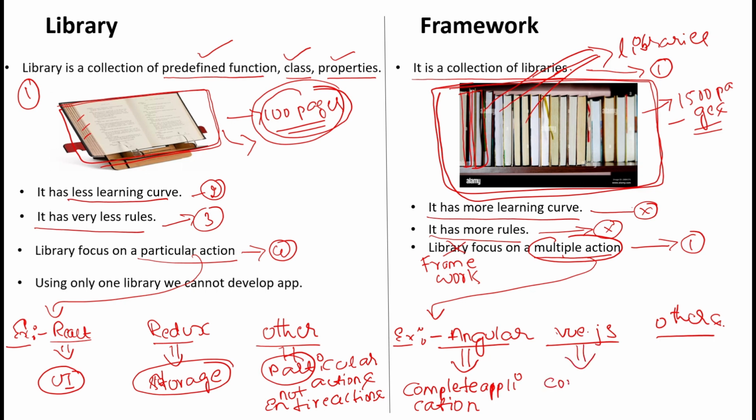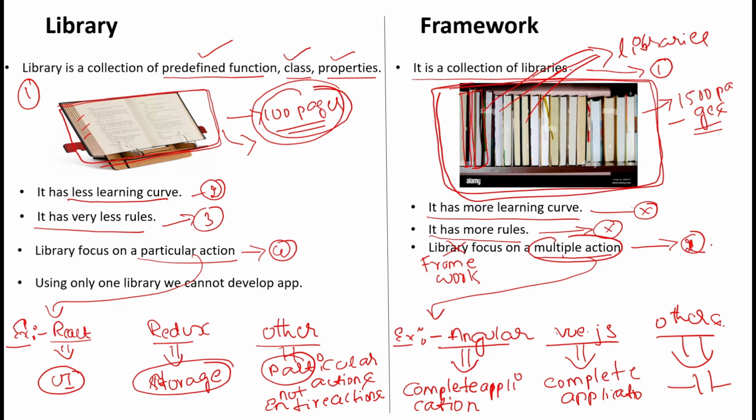Vue.js is able to create a complete application. Other frameworks are the same. They are not focused on a particular action. A library focuses on a particular action and a framework focuses on the entire action, meaning a complete application. So this is one good positive point.